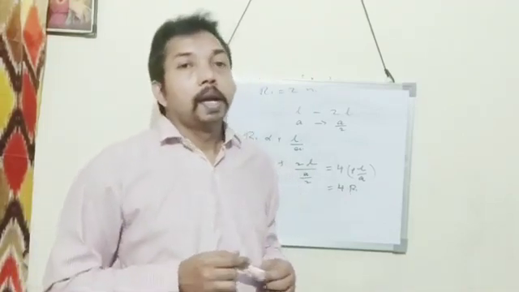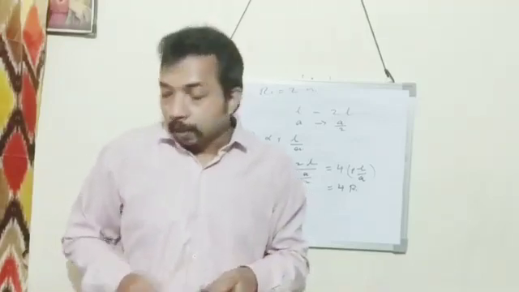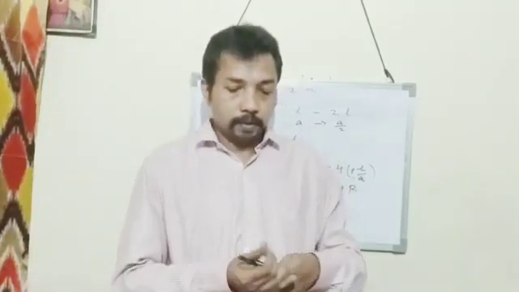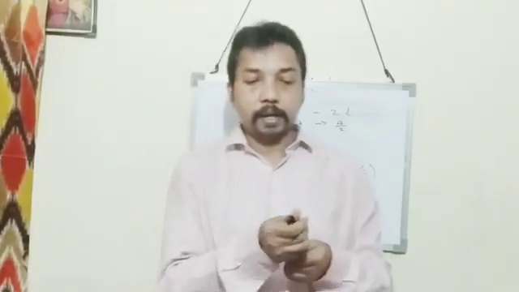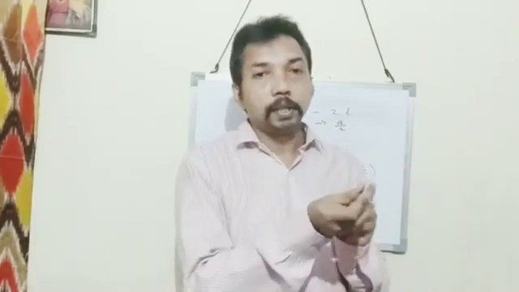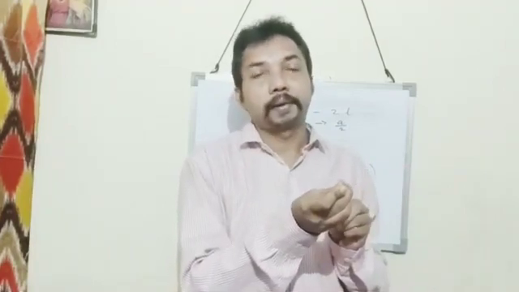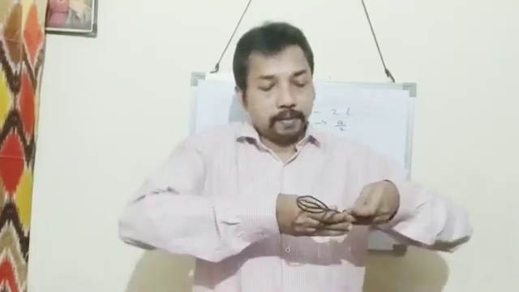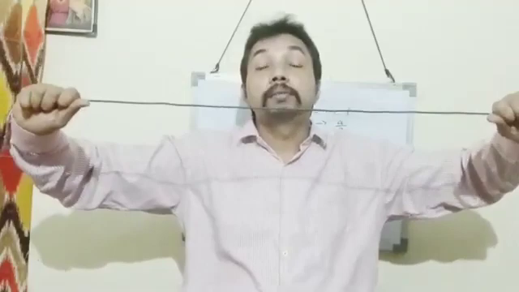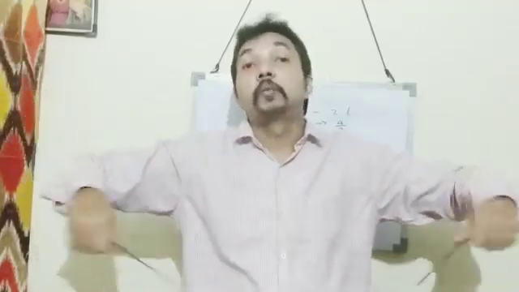Suppose that this is a wire, and this is the length of the wire, and this is the area of cross section of the wire. And by stretching, the length becomes 4 times. Then what will be the new resistance?